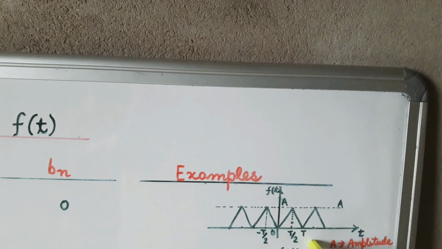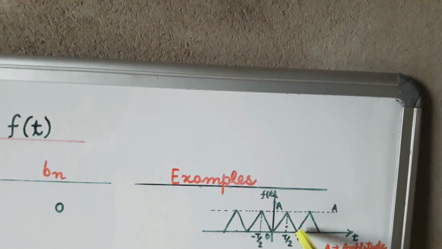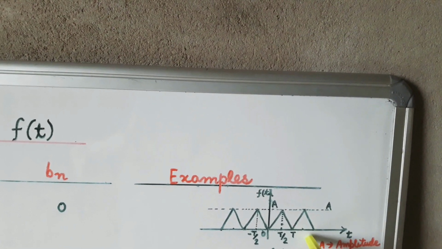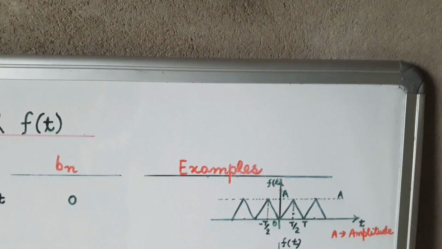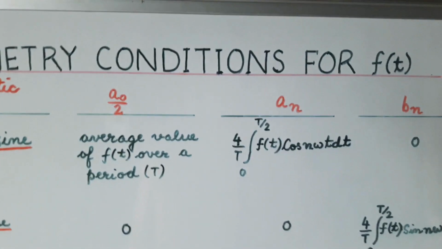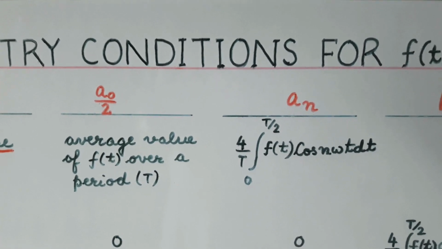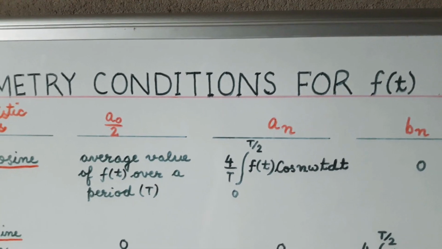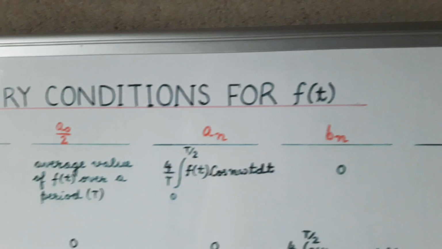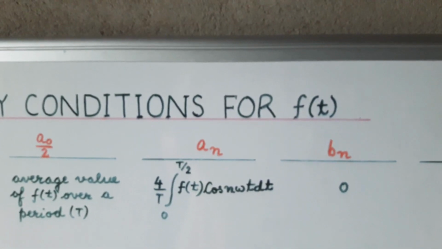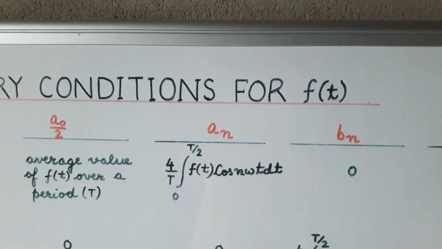It will contain only cosine terms, that is, the value of bn will be equal to 0 in this case, and the values of a0 by 2 and an can be found out by this expression. We will substitute bn equal to 0 for such a function.